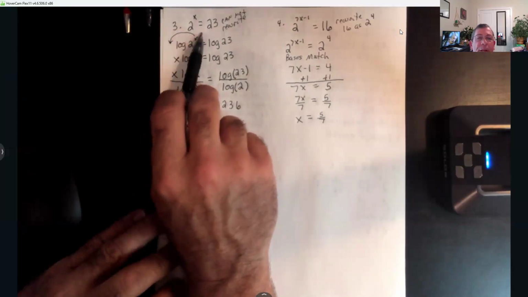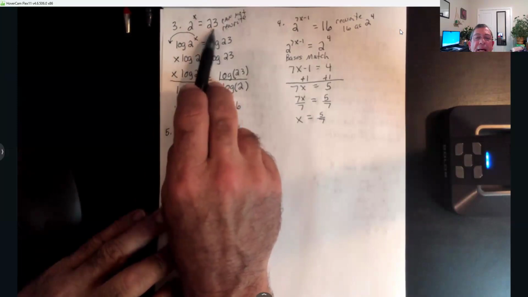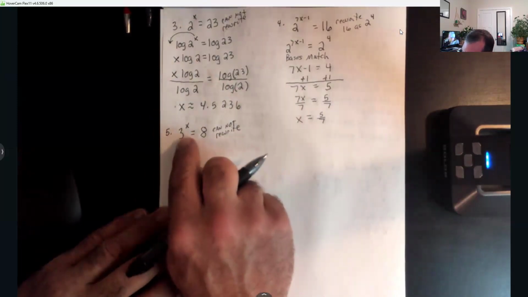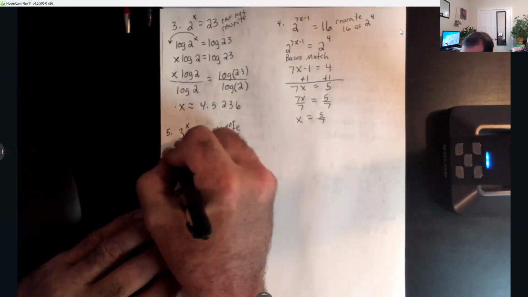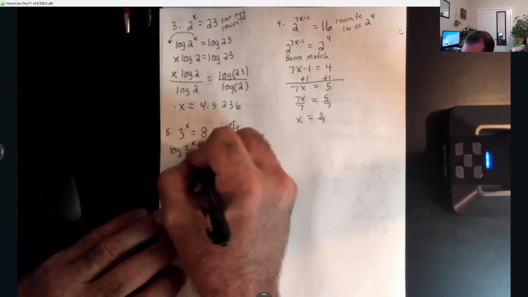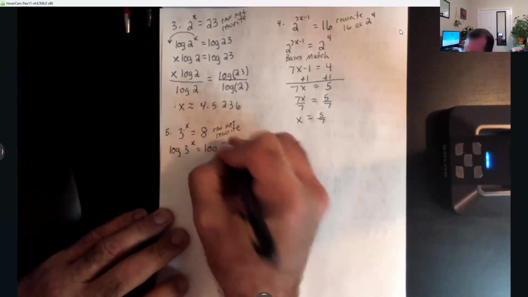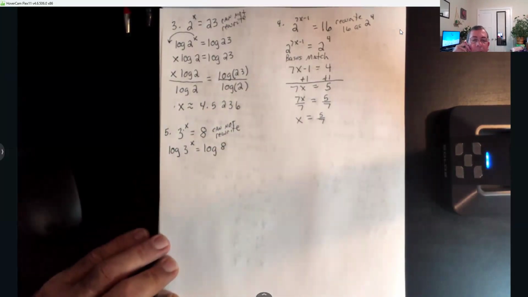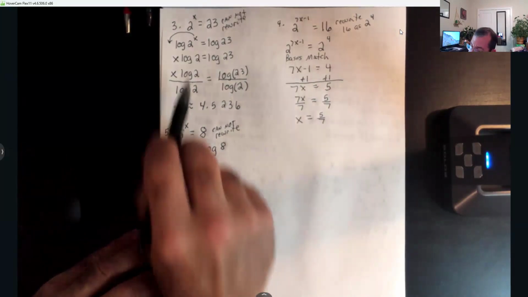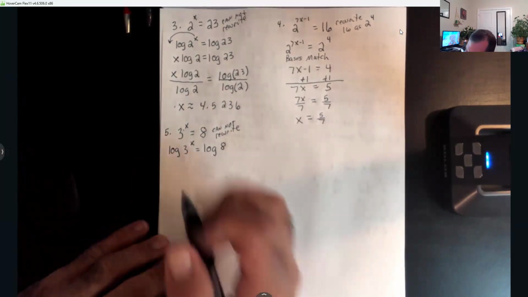So we're going to do the same thing we did here. We're going to take the log of both sides, okay? So that's going to give me the log of 3 to the x equals the log of 8. All righty, I can now invoke the power rule and bring that x down to the front.